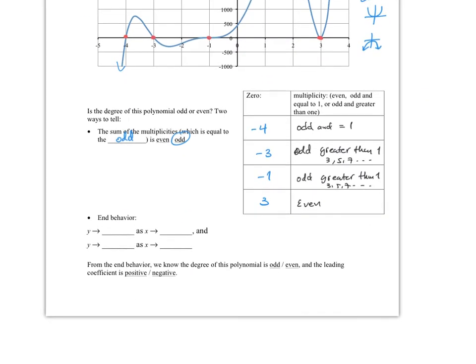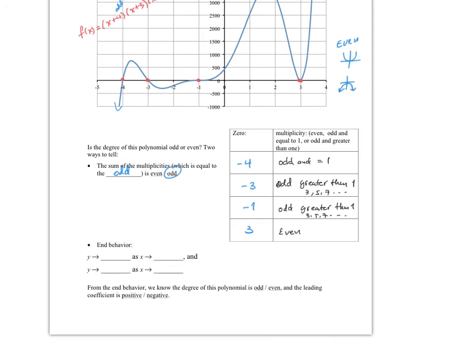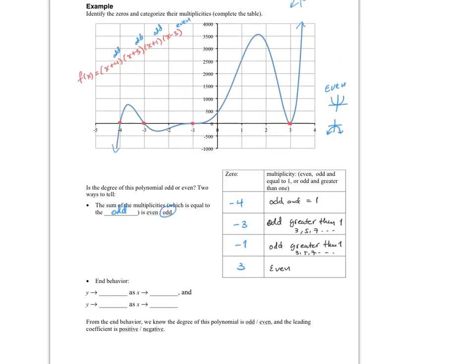Now, what is the end behavior, which is what we did in the last section? So you can see that y goes to infinity as x goes to infinity, and y goes to minus infinity as x goes to minus infinity, which is exactly what we did before.